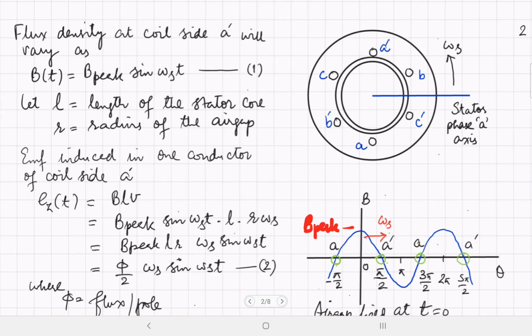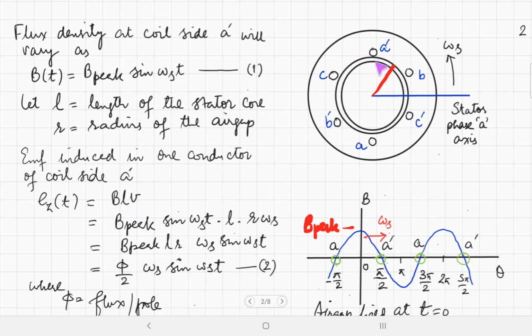Then let us assume that the length of the stator core is L and the radius of the air gap be R. Then the EMF induced in one conductor of the coil side A prime will be given by e_z(t) equal to the well-known equation BLV, where B is B peak sine omega s t at this point, into L, into V, which will be equal to R into omega s.